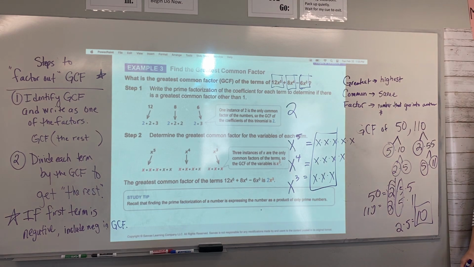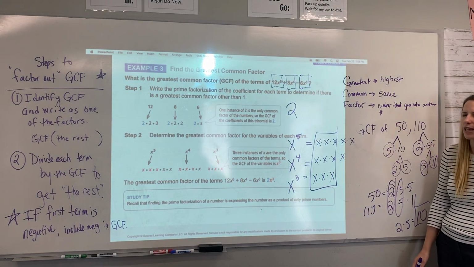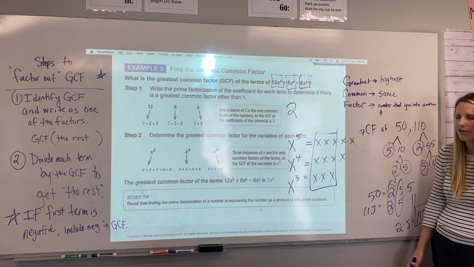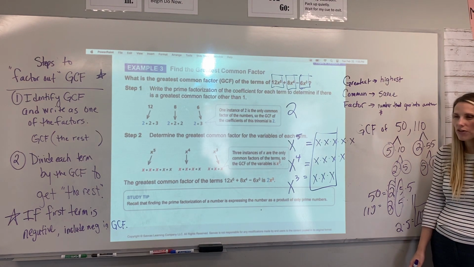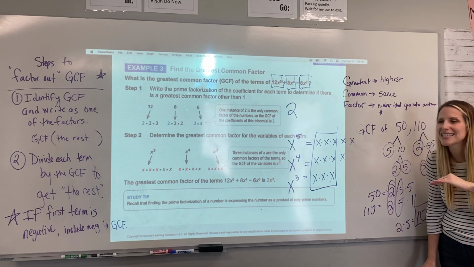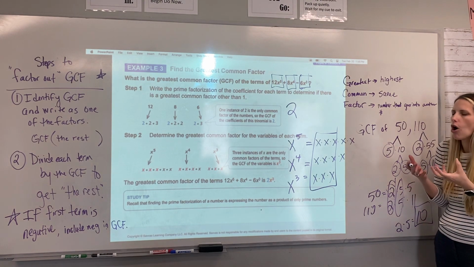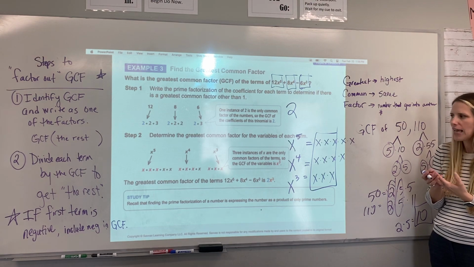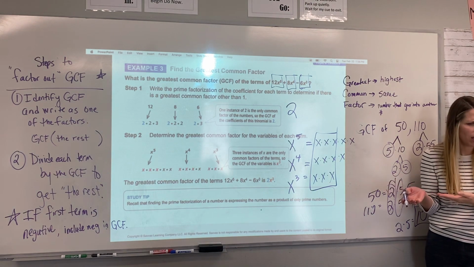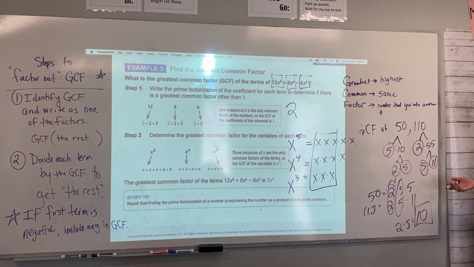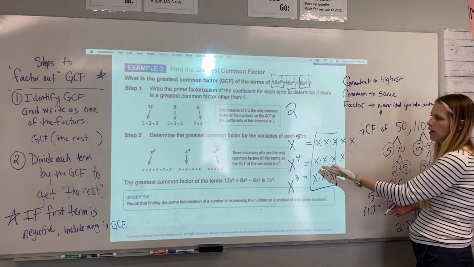And the shortcut way to do it, it's so easy, is I know this sounds weird because you're thinking the greatest common factor, but the greatest common factor for variables is the lowest exponent, because that's what they'll all have in common. They won't have the highest exponent in common. That'll only belong to that one term. They won't have the middle exponent in common.